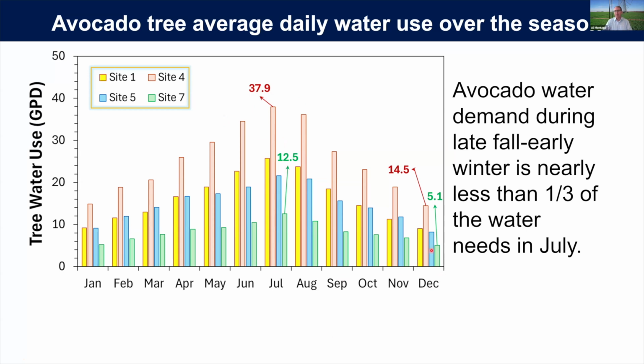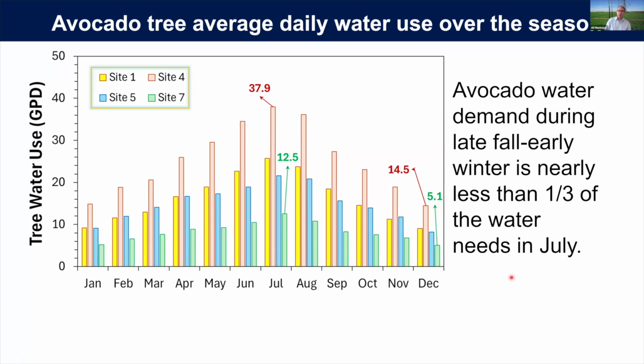Then in December, you see a significant reduction. From 38 it decreased at site 4 to about 14 gallon per day. And from 12, it was reduced to about 5 gallon per day.